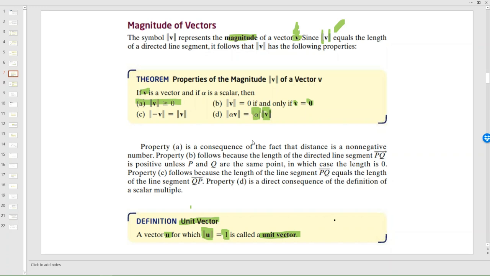So if I start at some point and I go a distance of 1 unit, then I can make another unit vector that has the same length as this vector, but it's just going in a different direction. Okay, so those are all three unit vectors if this distance is 1, but they're different directions.